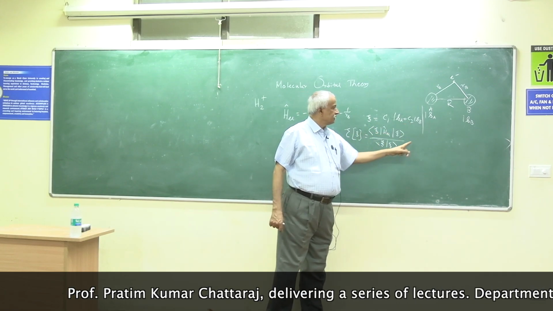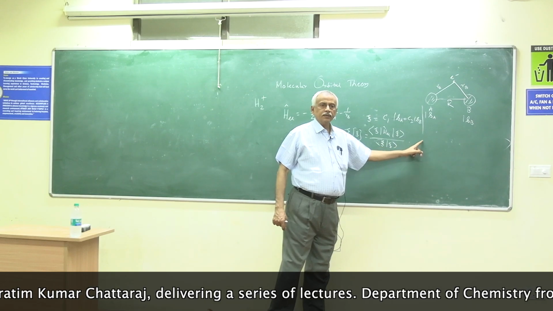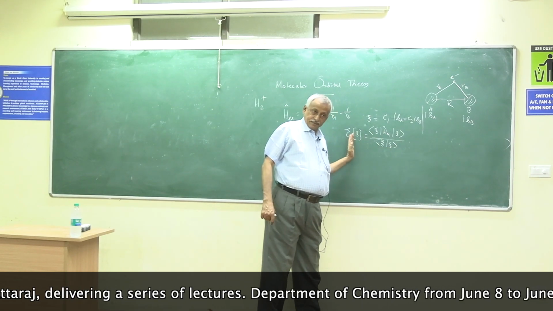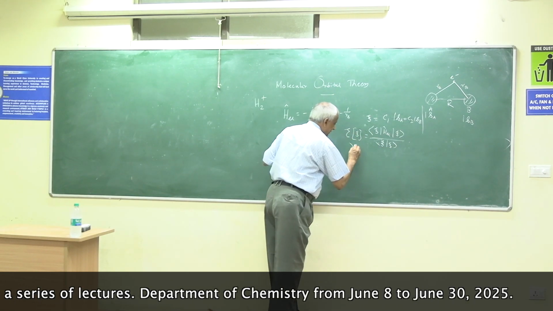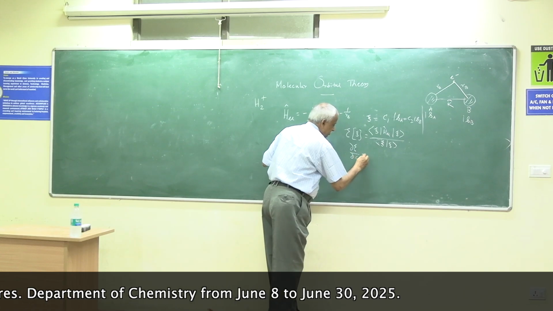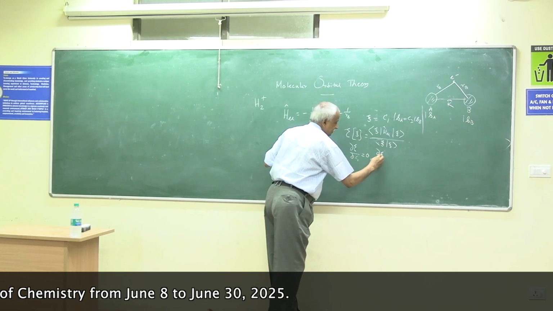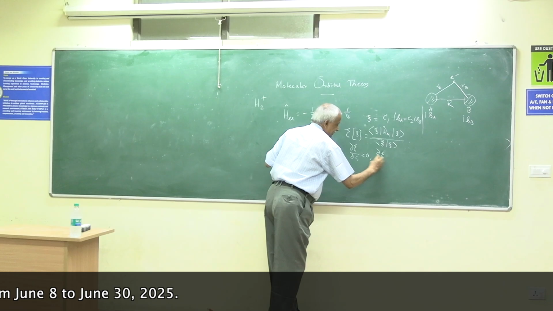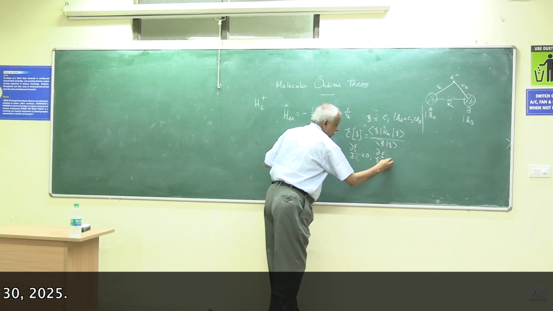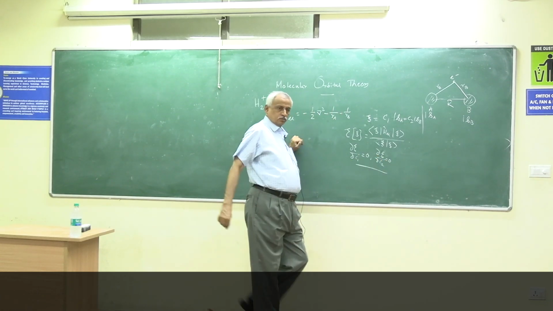So, if I expand this now, it will be a simple function of C1 and C2. Then if I take del E del C1 equal to 0 and del E del C2 equal to 0, then two equations and two unknowns.